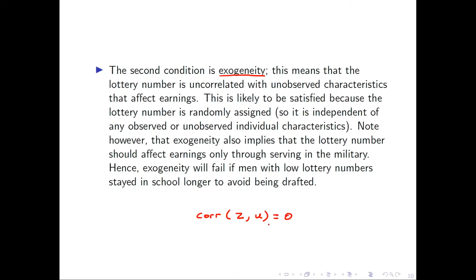And this is difficult to test, but in our case it is likely to be okay, because the lottery number itself was random. And if you take the correlation between a random variable and something else, then the expected correlation is actually 0.